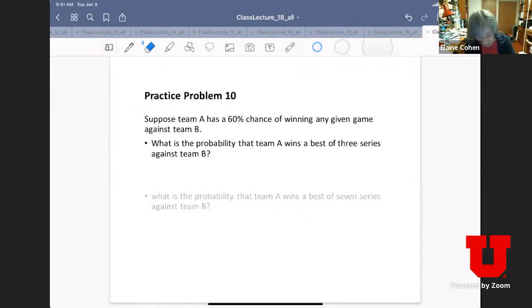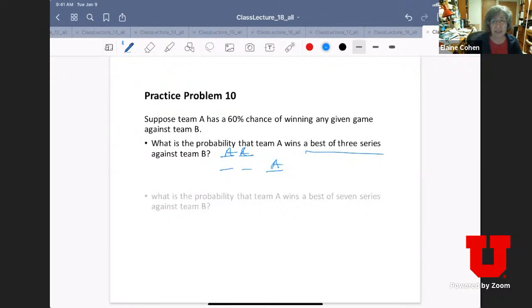Well, best of 3, that means it can be AA, or they're playing 3 games and A wins the last game, and he can win the first and lose the second, or lose the first and win the second.